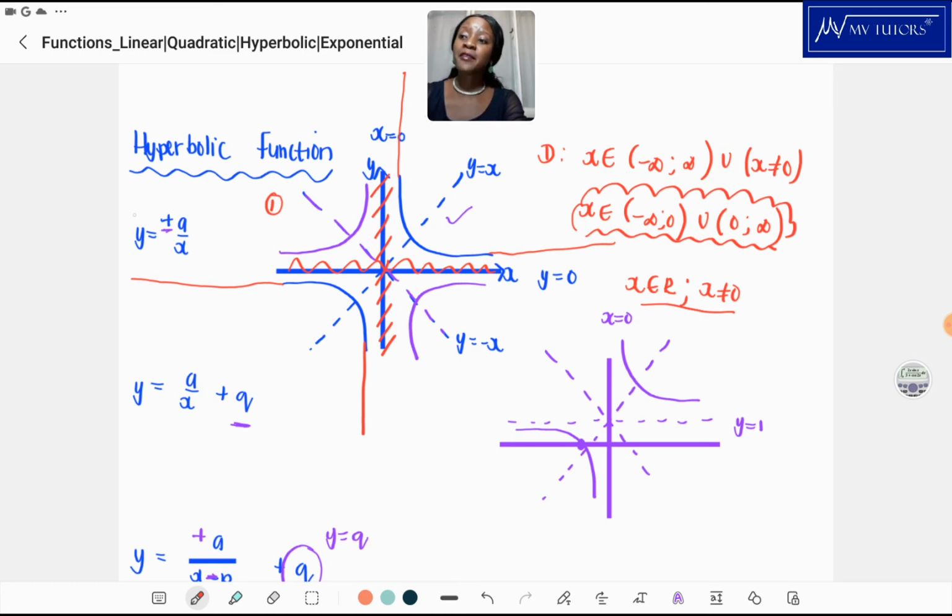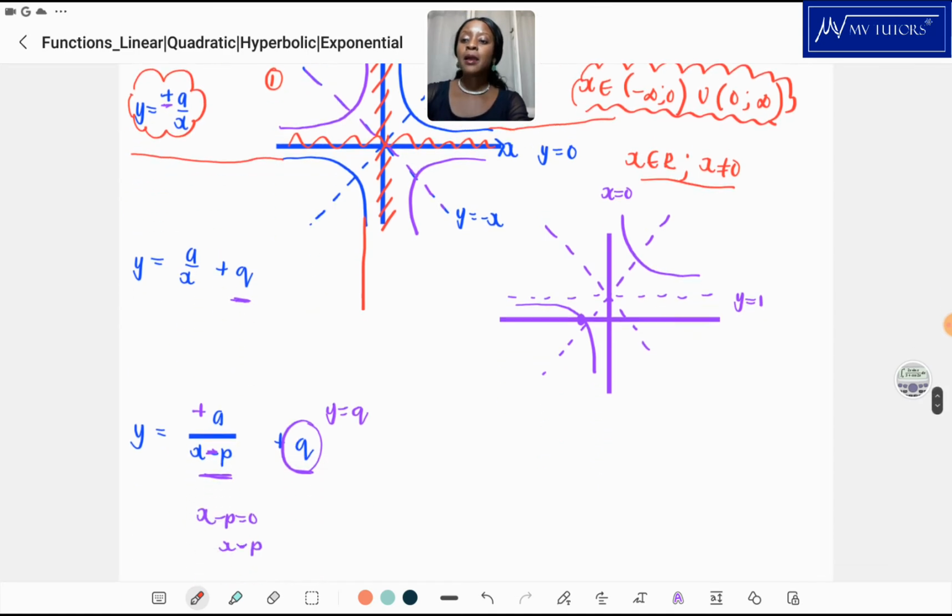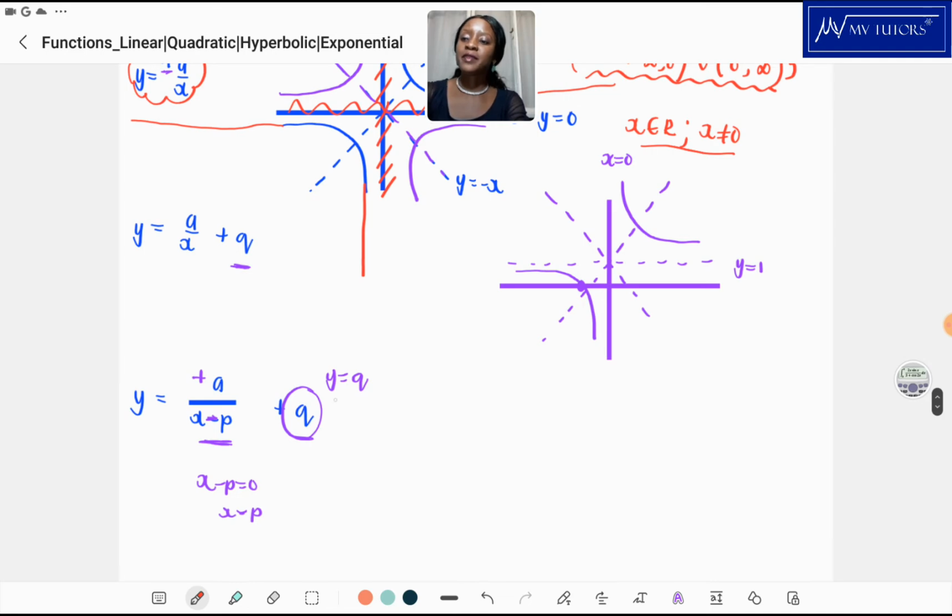That is when you have this function here that hasn't been shifted to the left or the right. But now, what if you have the scenario where you've shifted it horizontally and you've shifted it vertically? Again, if you were to look at the domain, I would say x is an element of R, but x cannot be equal to p. And if you think about it, guys, why?